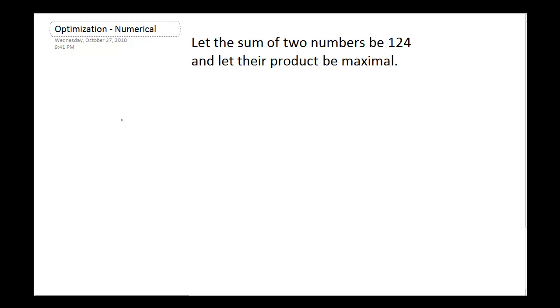So this statement, the sort of simple, I call it a pre-word problem, I guess, comes in two parts. One, it says that the sum of two numbers needs to be 124. On the other hand, it says that the product of two numbers needs to be maximal.